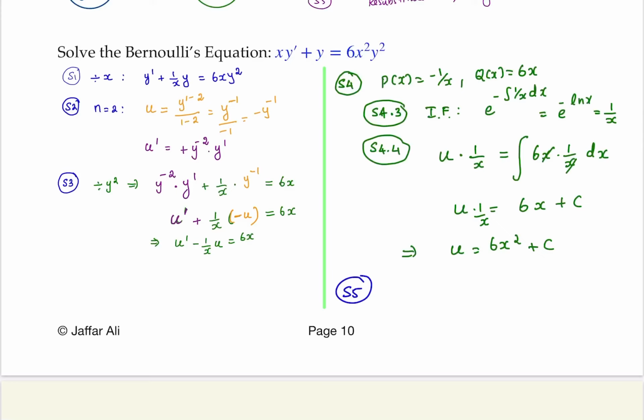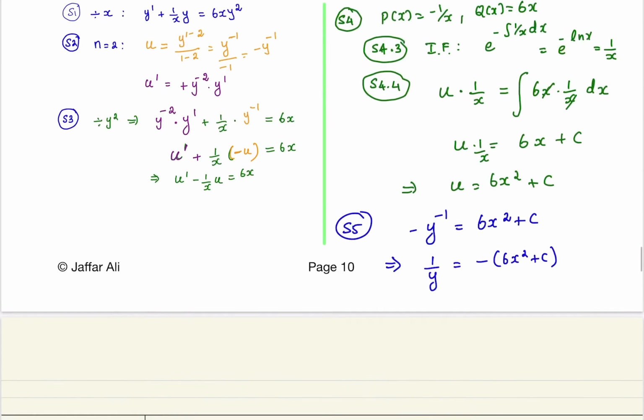If I do that, then this is going to be negative y to the negative 1 is equal to 6x squared plus c. And now I have to solve for y. So this is actually 1 over y is equal to negative 6x squared plus c.